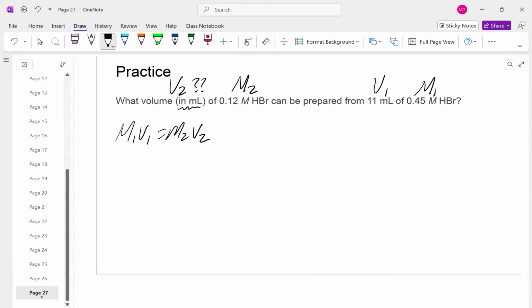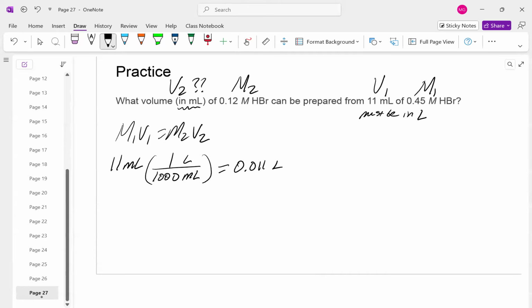Now, one of the things that you need to, again, check yourself on are the units. Are my units okay? Well, for concentration, units of volume, I should say, must be in liters. So before I can plug anything in, I need to deal with that V1. So I'm going to do a quick conversion. There's 1,000 milliliters in 1 liter.